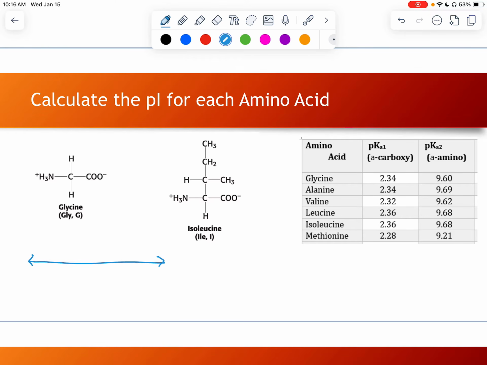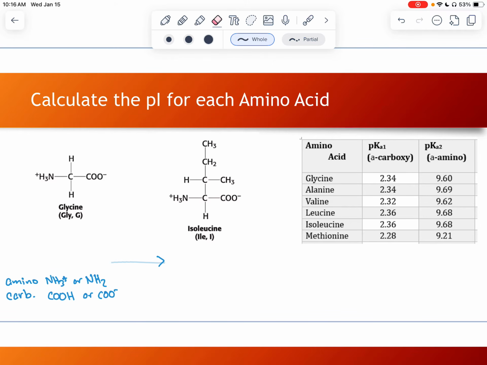I've got two possible things. I've got my amino terminal and my carboxylic acid terminal. And I know that my amino terminal can be NH3+ or NH2. You would normally write all this out. Carboxylic acid terminal can be COOH or COO-.